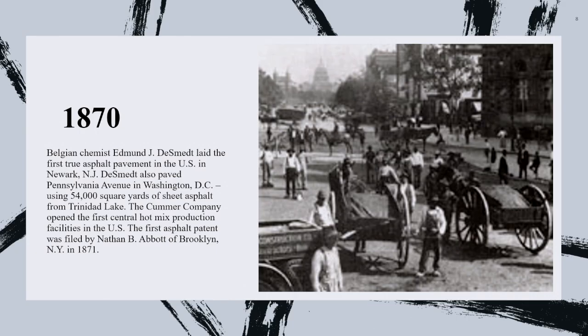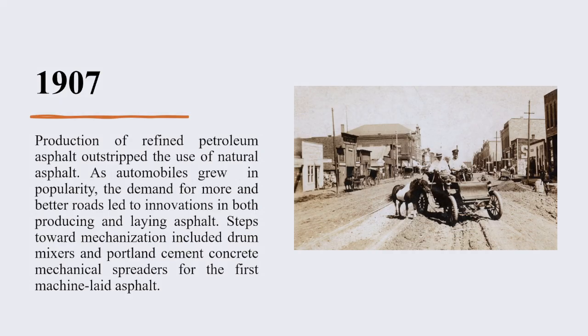So this is the first known roadway asphalt application in the United States, in 1870 in Washington, D.C., the capital, right across from the White House.